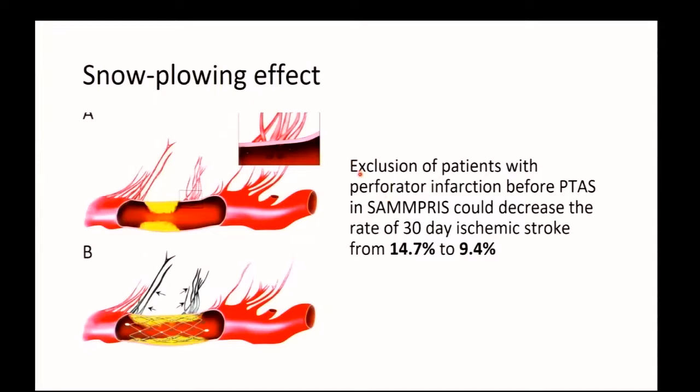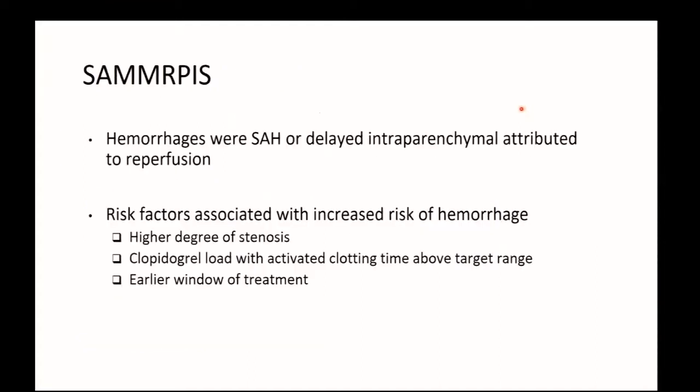So if they had just excluded patients with perforator pattern strokes before the stenting, the 30-day ischemic stroke rate would have dropped from 14% to 9%. Other problems with the SAMMPRIS trial: the hemorrhages, some were subarachnoid hemorrhages, some were intraparenchymal, mainly related to reperfusion injuries.